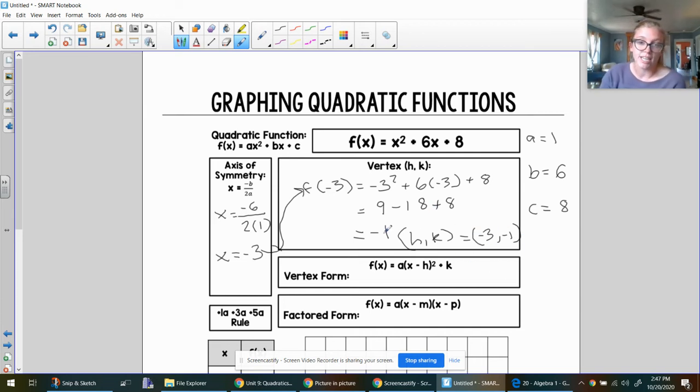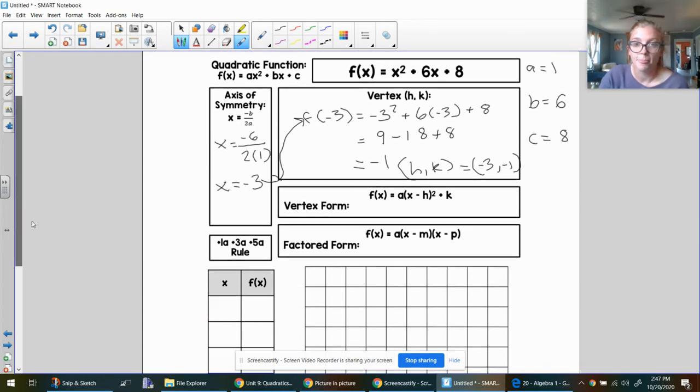Now that I know this vertex, I can use this to figure out my vertex form. So for vertex form here, a is still 1, we know that. So if a is 1, we're not going to worry about that for right now. And we are going to have 1 times (x minus h).